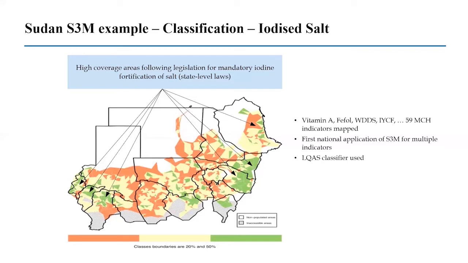Those are the areas pointed out on the map. This was the 2013 Sudan S3M, and mostly in that S3M we plotted tile classifications. Next slide, please.